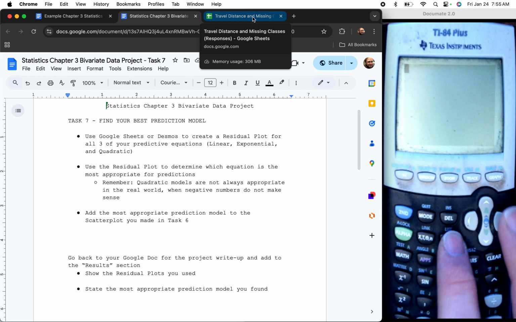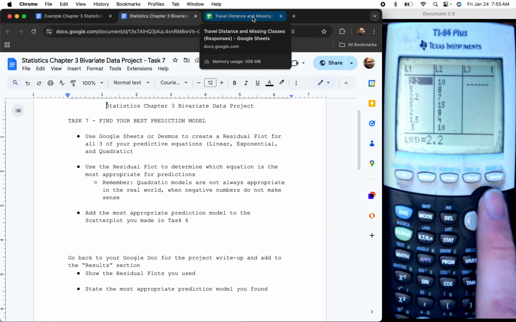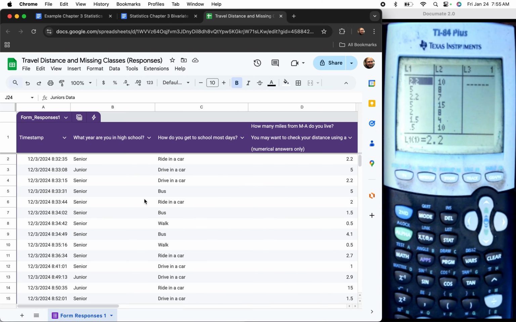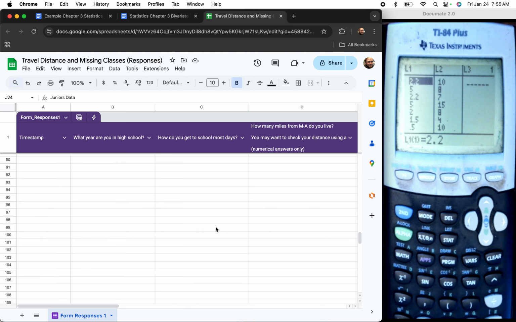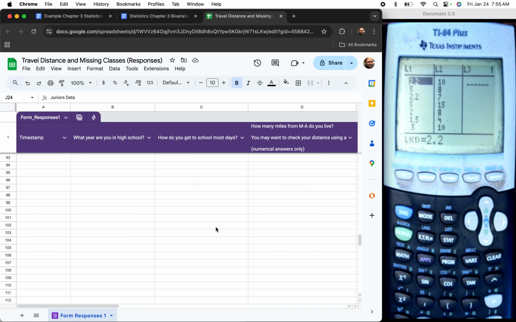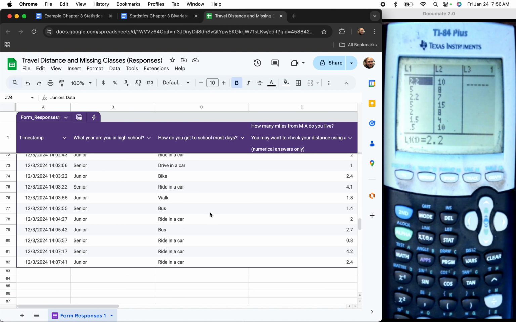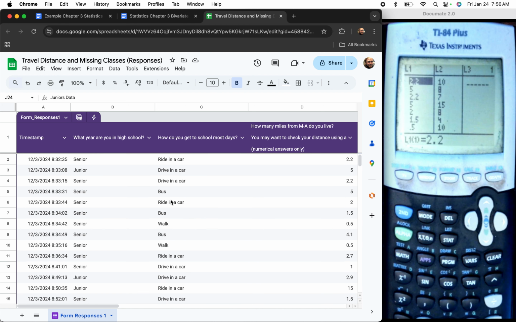In order to speed things up, I have loaded all of my data from row 2 down to row 82. So I have about 81 data points, all variously seniors, juniors, riding in a car, driving in a car, bus, walk, or bike.